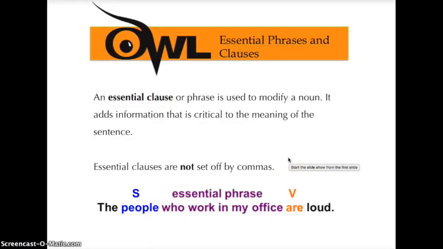Okay, so an essential clause or a phrase is used to modify a noun. Essential, think of this word as important to the sentence, very important. It is critical to the meaning of the sentence. So I cannot understand this sentence if I take away the essential phrase.